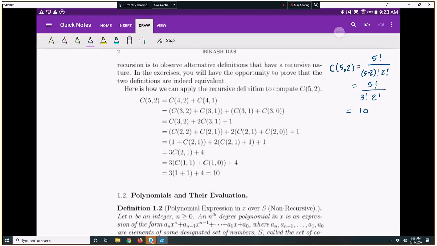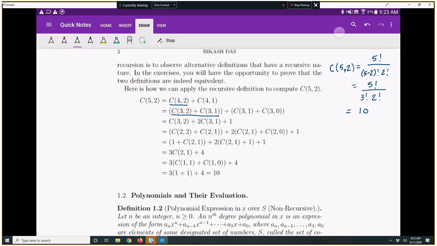Let's see how we would apply the recursive definition. Well, since we know that n choose k should be equal to n minus 1 choose k plus n minus 1 choose k minus 1, that's our first step. We'll rewrite 5 choose 2 as 4 choose 2 plus 4 choose 1. And then in the next step, this 4 choose 2 we replace by 3 choose 2 plus 3 choose 1.